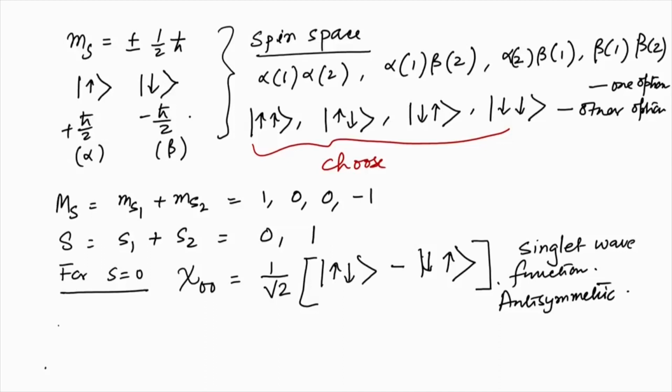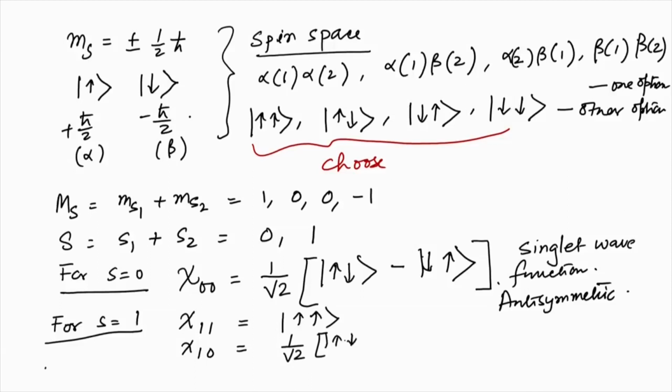And for S equal to 1, we will have 3 combinations: chi 1 1, which will simply be the up up state; chi 1 0, which will be a combination of up down plus down up; and chi 1 minus 1, which is equal to the down down state.